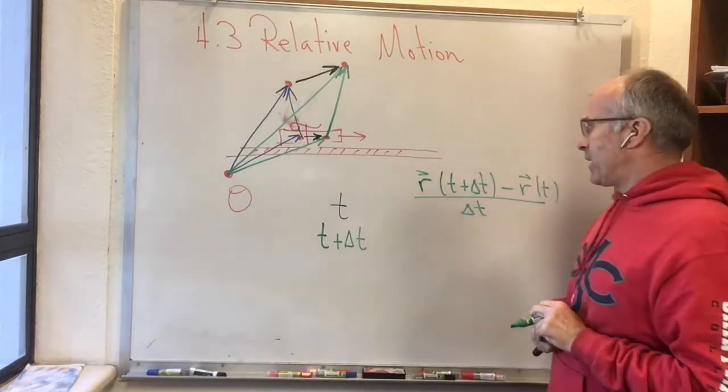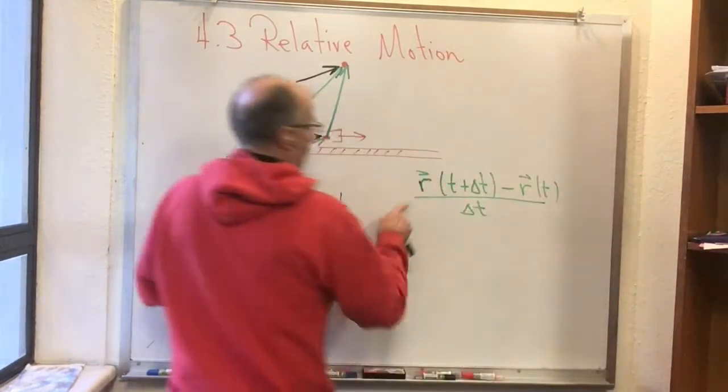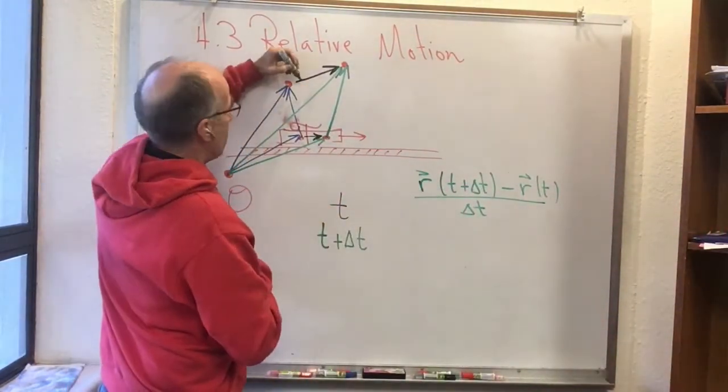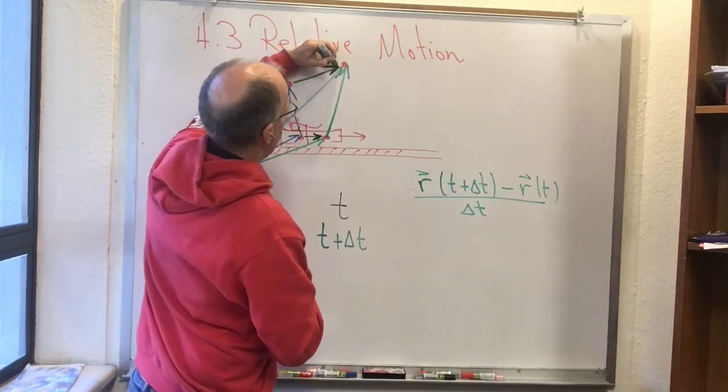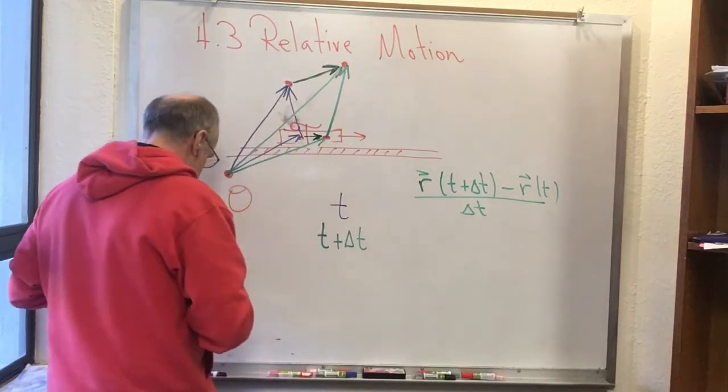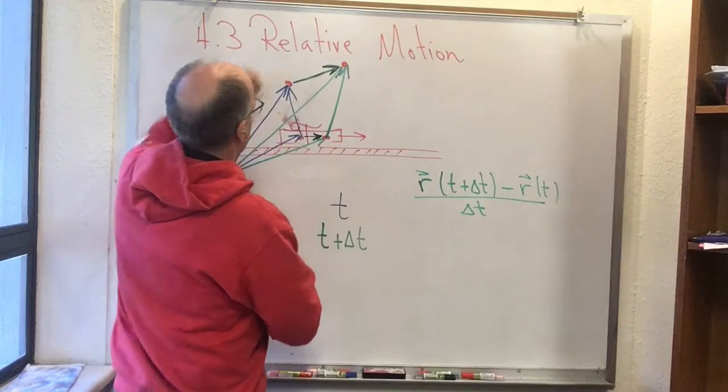That's what you say the velocity is. And r at t plus delta t minus r at t, that's this displacement vector right here that I've drawn in black. Okay?